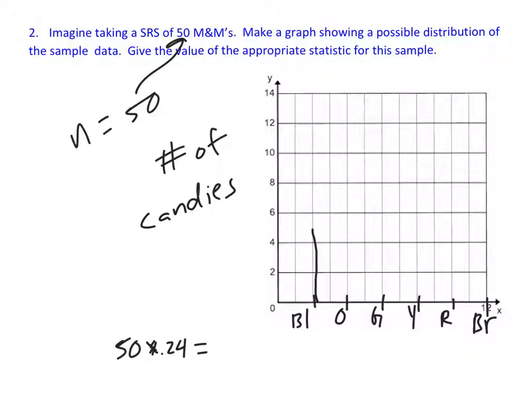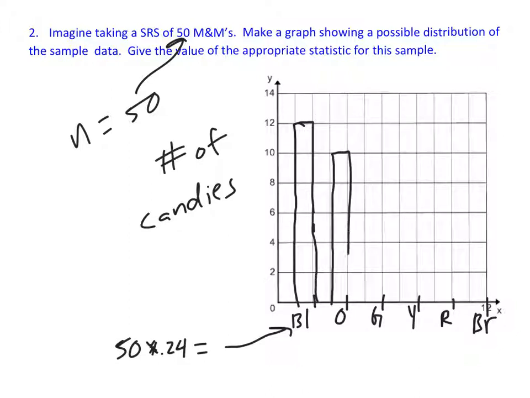So let's say my sample does show that. And I got 12 blues. Okay, and again, that's for blue. Now for orange, I'd have to do 50 times 0.2, which would be 10.